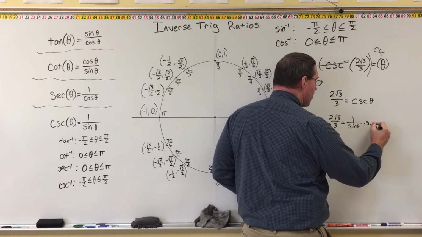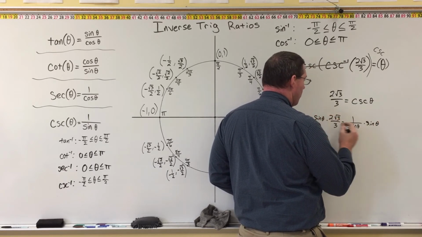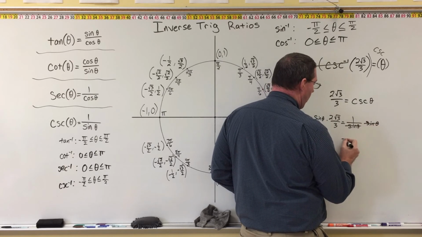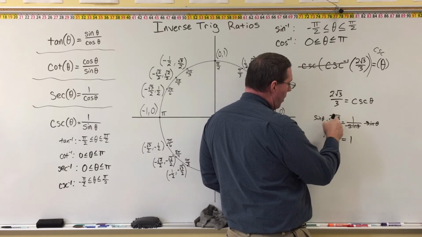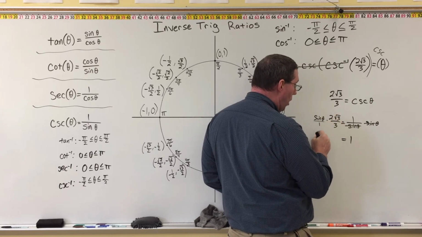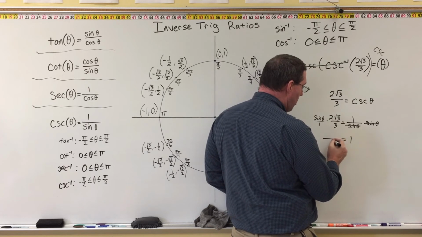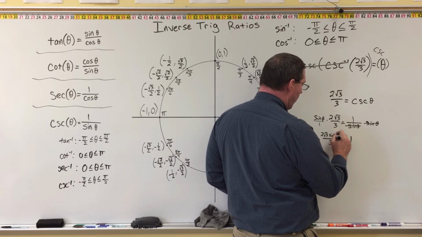I'm going to multiply by sine of theta here, multiply by sine of theta over here. It's going to cancel sine of theta, and all I have over here is 1. Over here, sine of theta is going to be multiplied by the numerator only, because this is sine of theta over 1. 1 times 3 is 3. So the 3 is going to stay 3. And in the numerator, we're going to have 2 square root of 3 times sine of theta.